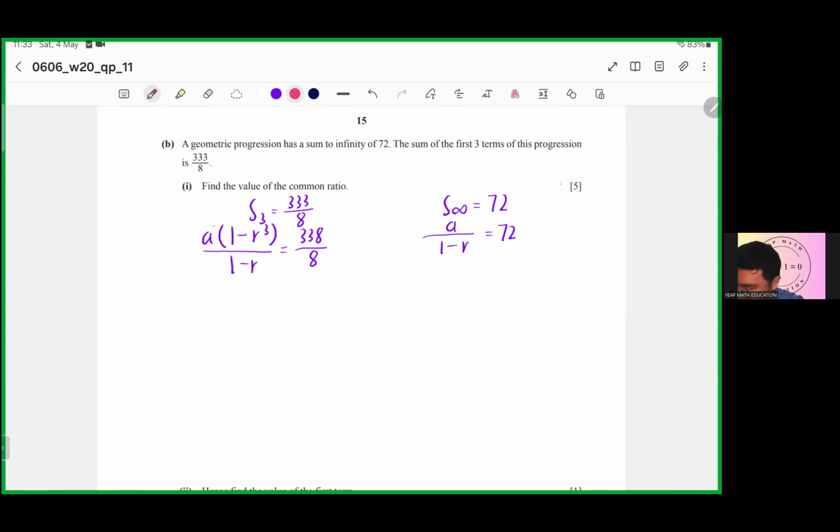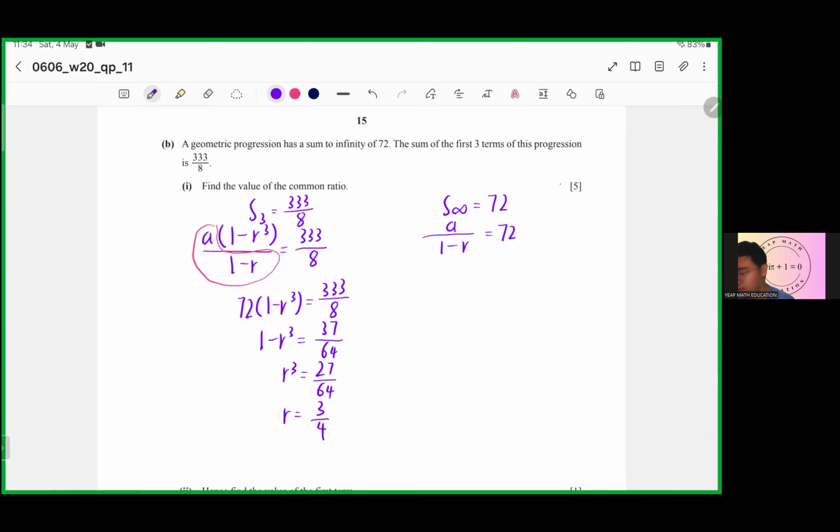So we can take this part, 72 times (1 minus r cubed) equals 333 over 8. So 1 minus r cubed equals 37 over 64. So r cubed equals 1 minus 37 over 64, so we get 27 over 64. So r we can get, what's the value? 3 over 4.